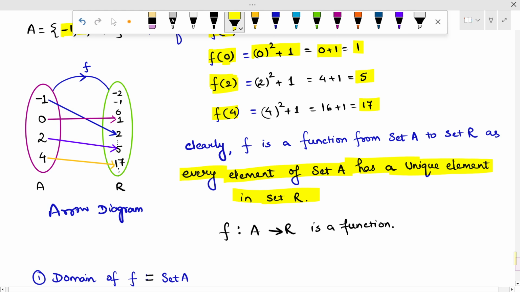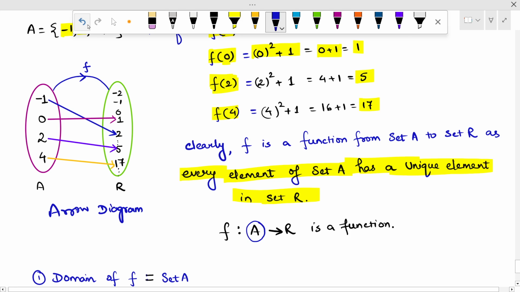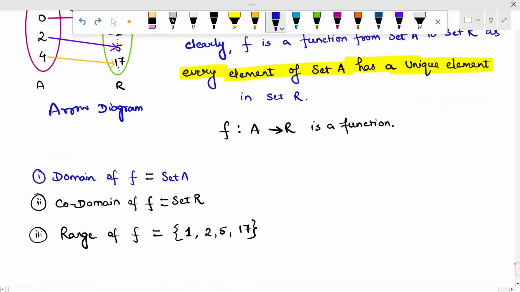Therefore, f from A to R is a function. Now you know how to find the domain and the codomain. Domain is the first set A and codomain is the second set R, right? So the domain of the function f is the set A and the codomain of the function f is set R.